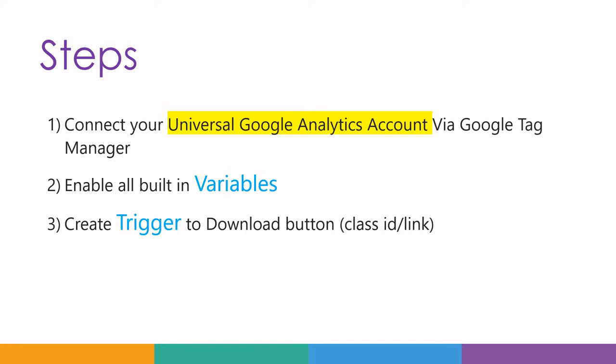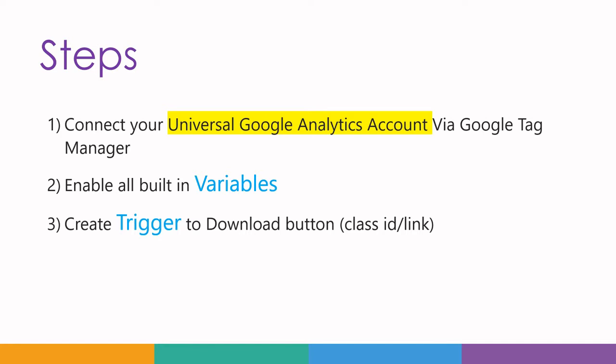Whenever a user is clicking on a button, that is a download button or any contact form button, you have to set the trigger so that when the user clicks the button, the tag is triggered. You can use the button ID, button type, class, or link, anything unique that the button has.